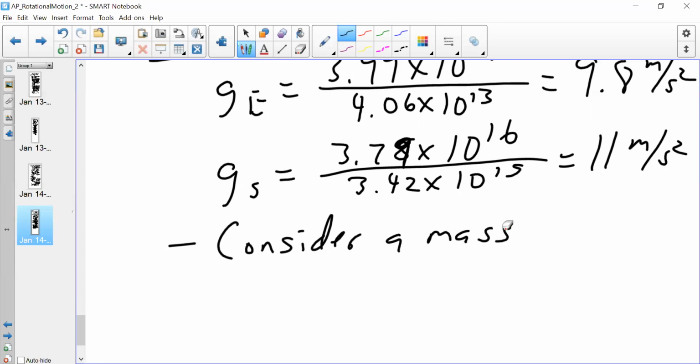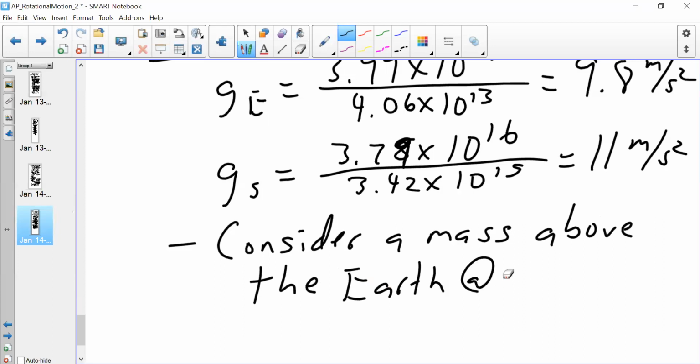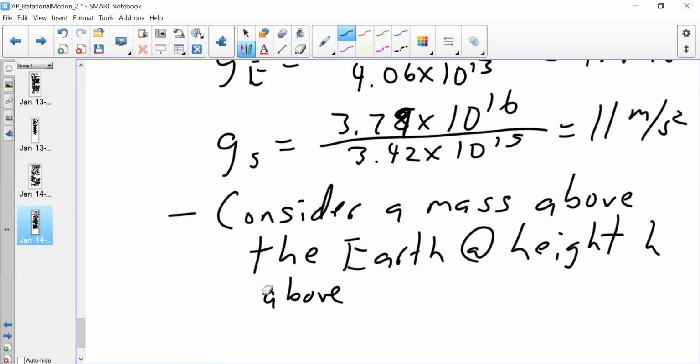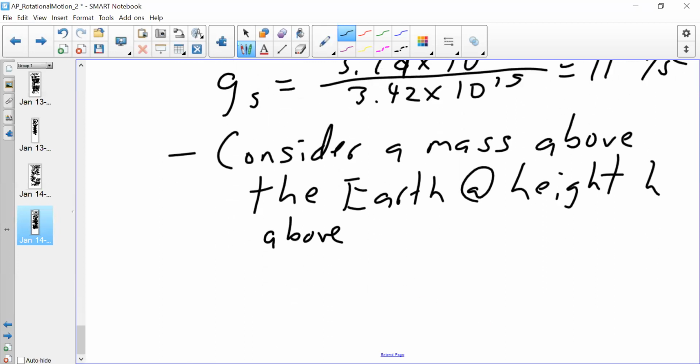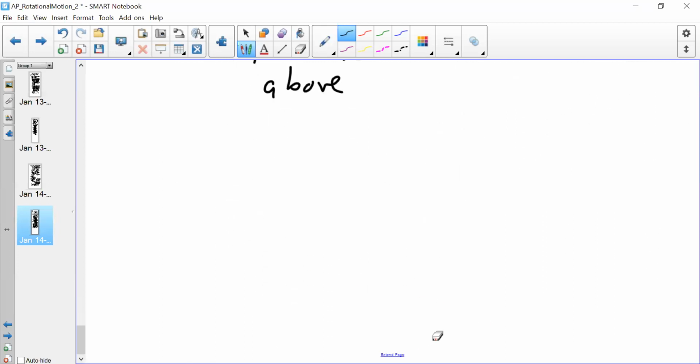So consider a mass above the Earth, at height h above. So now we're not just looking locally as we did in the previous example.